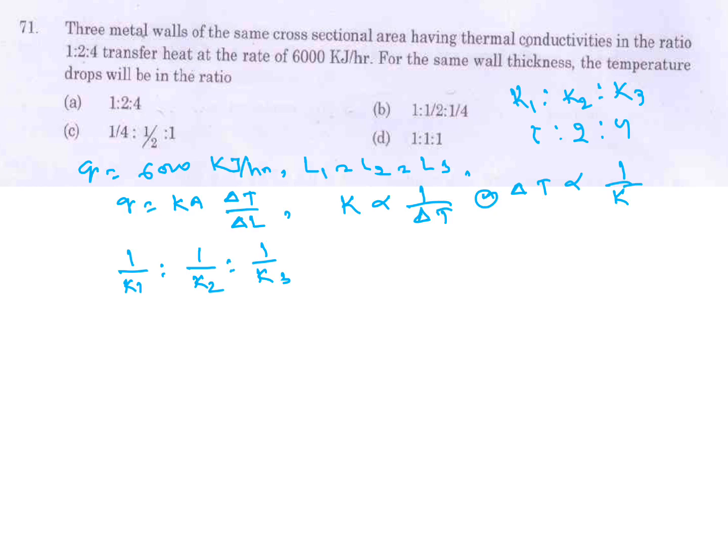So it will come 1 by 1 is 1, is 2, 1 by 2 into 1 by 4. B is our answer.